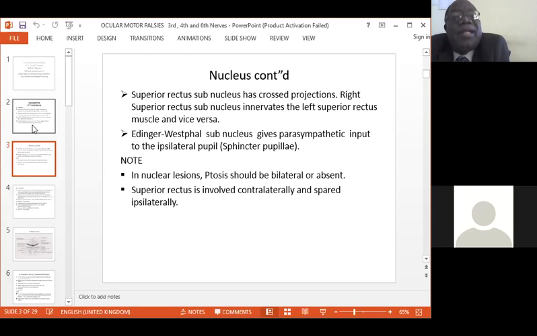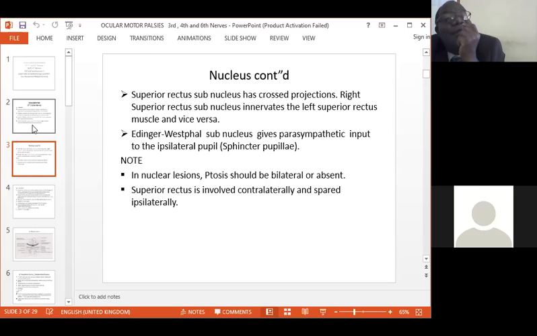So in nuclear lesions, ptosis should be bilateral or absent. Superior rectus is involved contralaterally and spared ipsilaterally. I hope people understand the meaning.